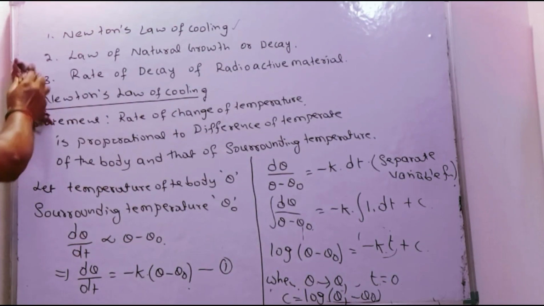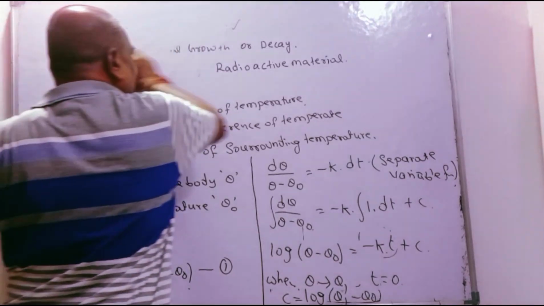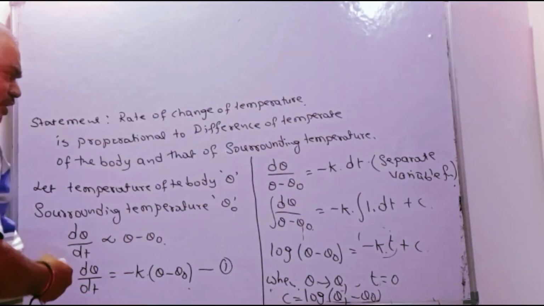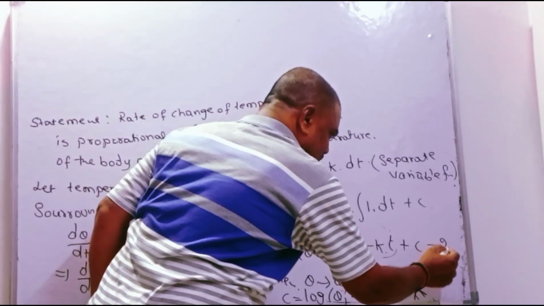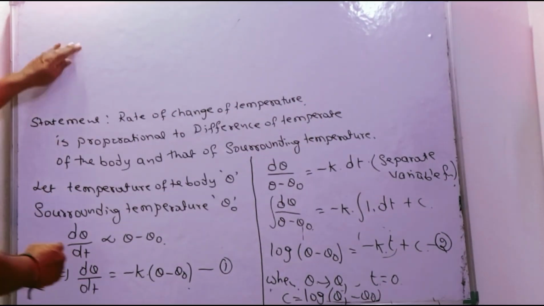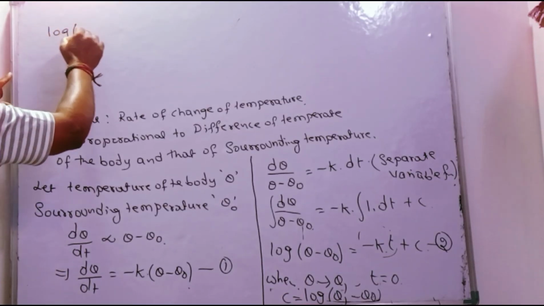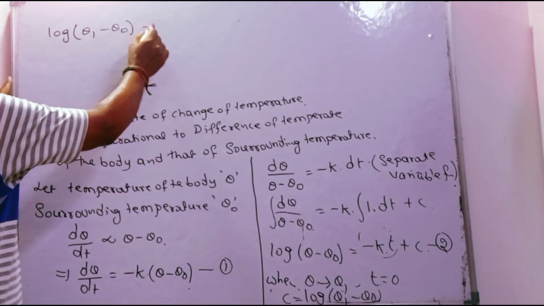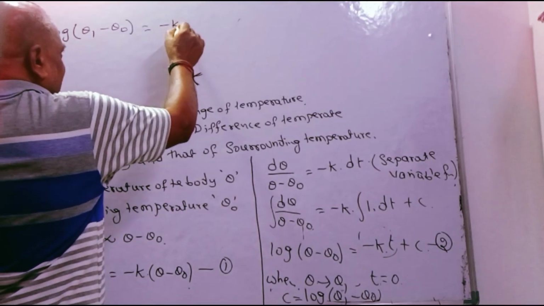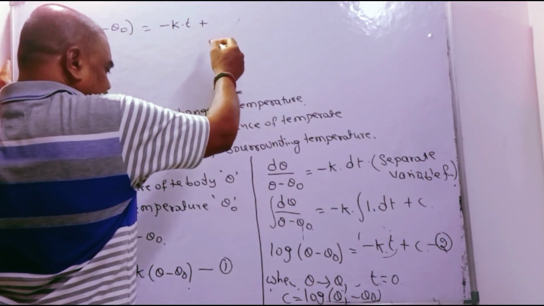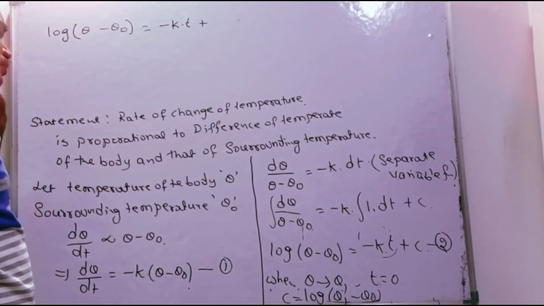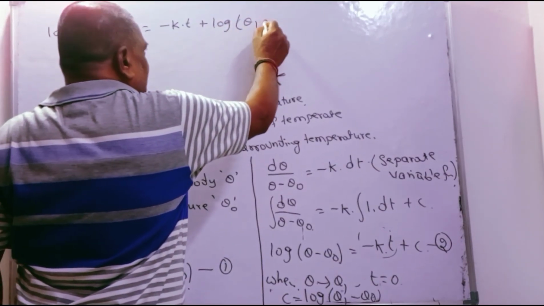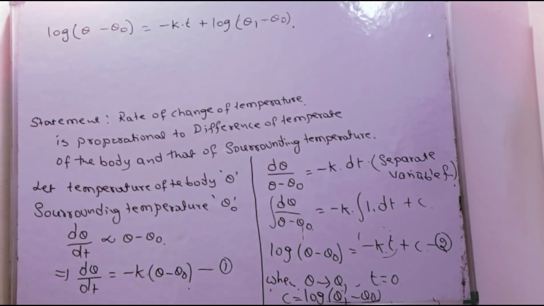Now substitute this in equation 2. This is log of theta minus theta 0 equal to minus kt plus log of theta 1 minus theta 0, where this value is c.